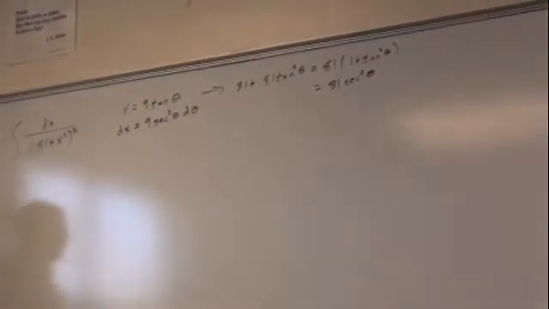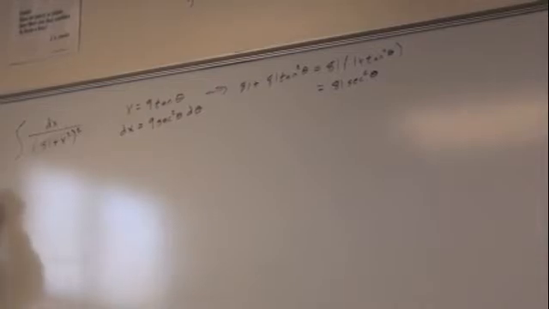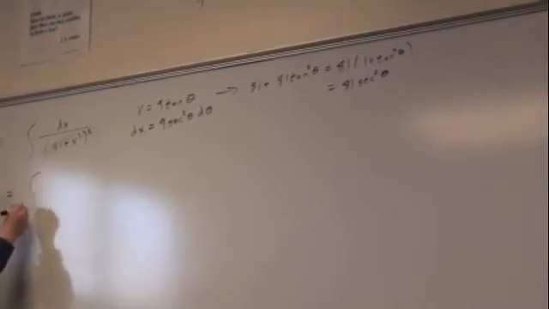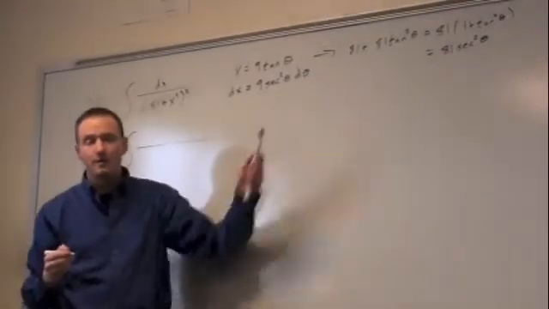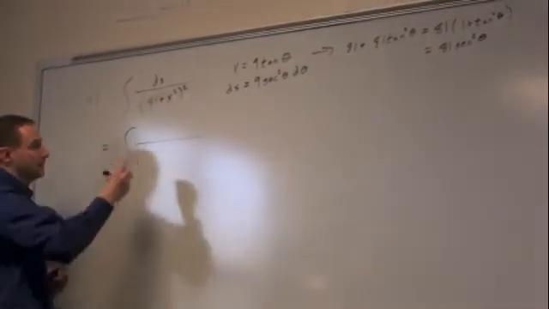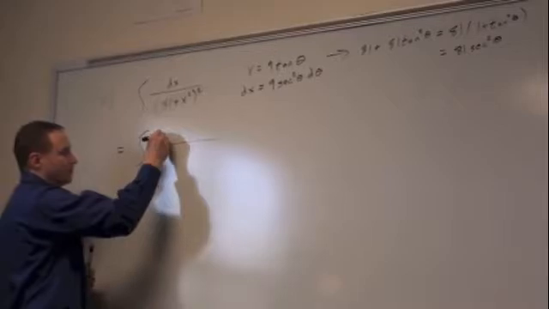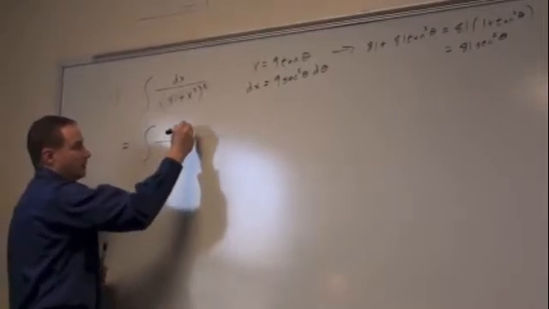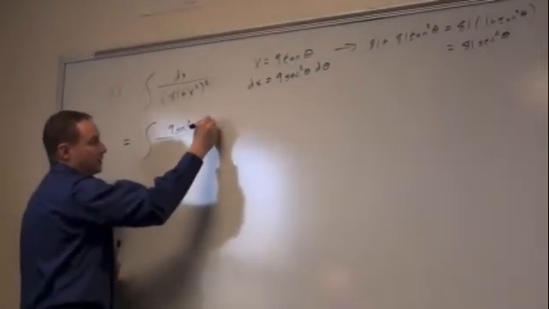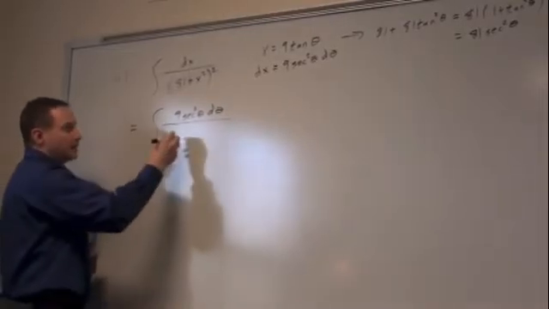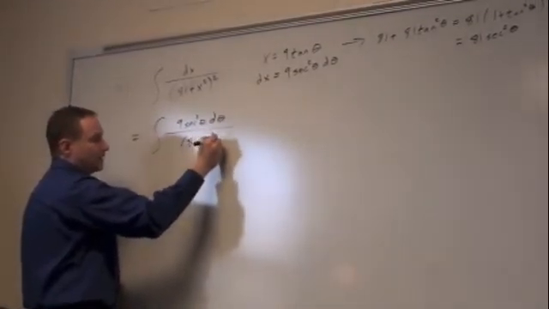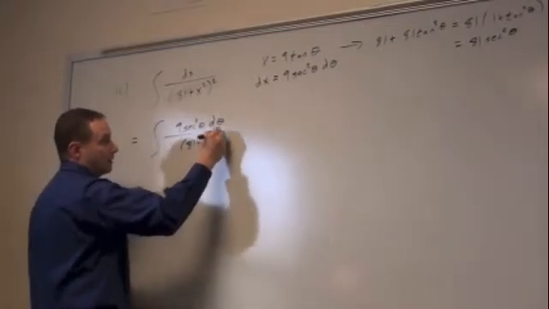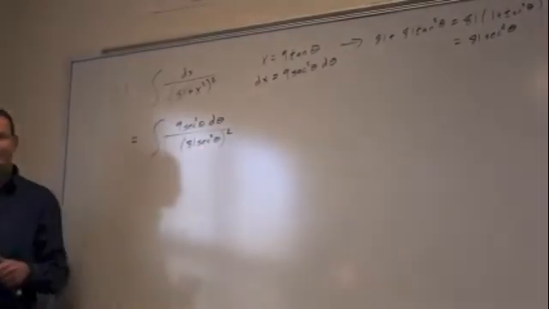So I plug this into my formula, and the integral becomes: dx is 9 secant squared theta d theta. My denominator is going to be 81 secant squared theta, quantity squared.